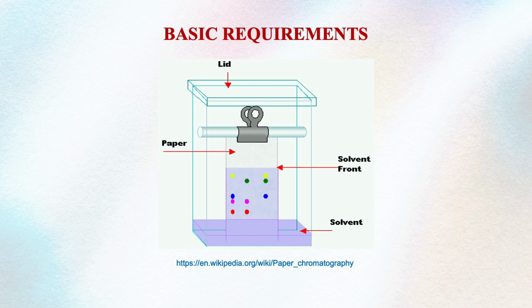Just for the sake of convenience, we are showing different colors here. It is not necessary that you will always have a colored solvent. Just for color distinguishing, from an observation point of view, we are showing different colors. In this example, what we are trying to convey is the entire basic requirements of the chromatographic system.